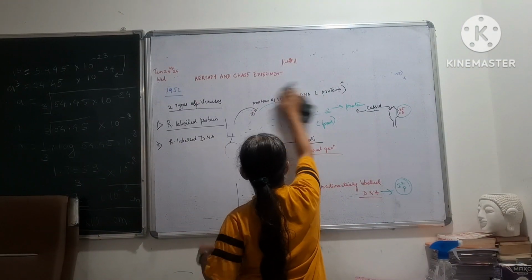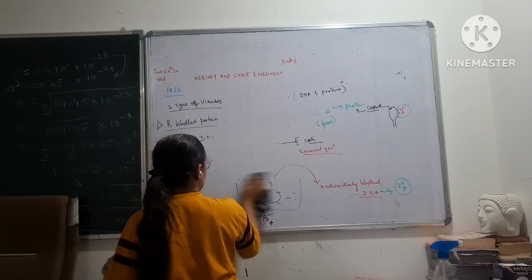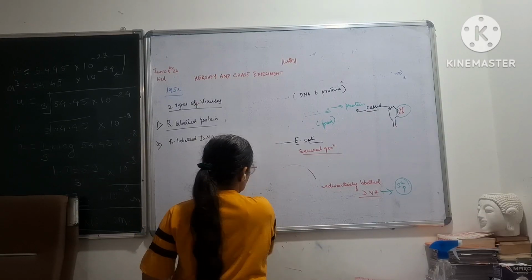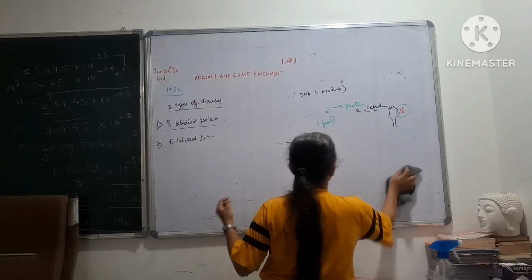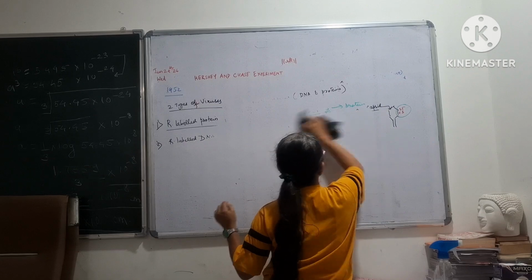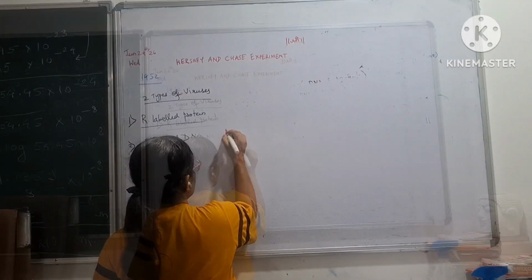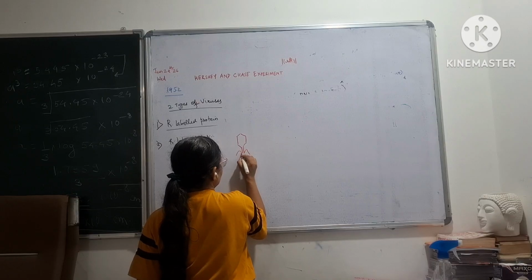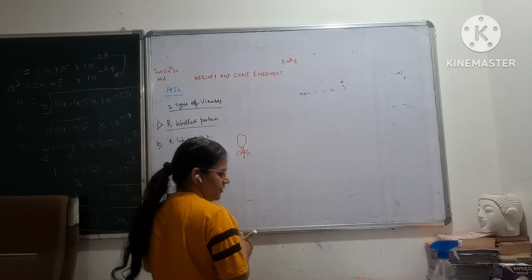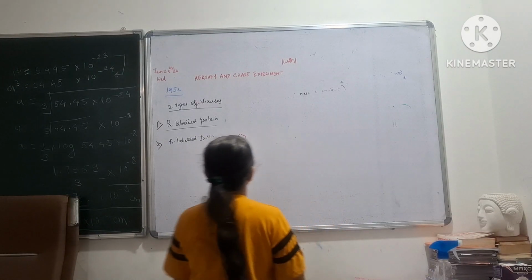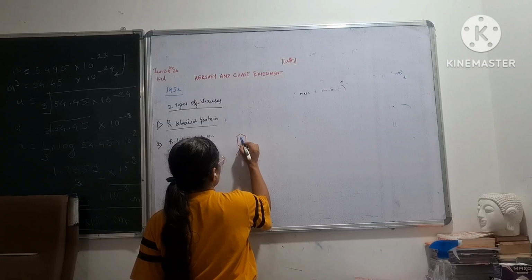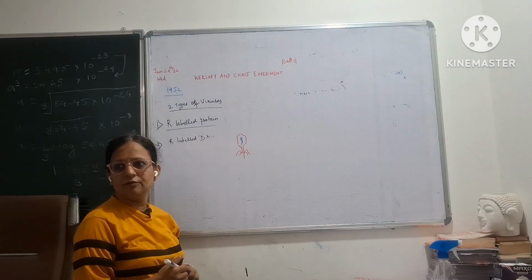So deliberately, for the radioactively labeled portion, I will take red color so that you can understand that this is the radioactively labeled part. I will have two types of viruses. In the first virus, I will have the outer part which is radioactively labeled.